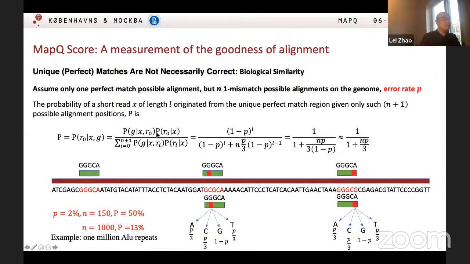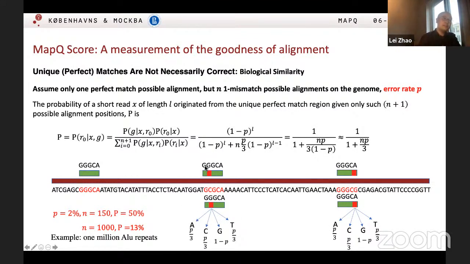And for this value, because for short reads there may be some sequencing error, and maybe some PCR replicate error.